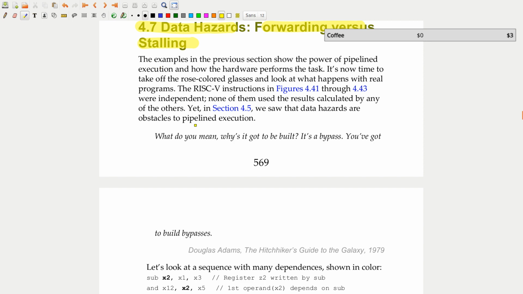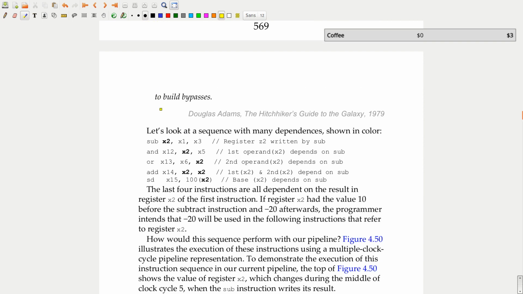So let's see. Here we have those similar types of hazards. We have a subtraction instruction, but we're immediately trying to consume the result in the next clock cycle. And then likewise in the next clock cycle, we're trying to consume x2 again.